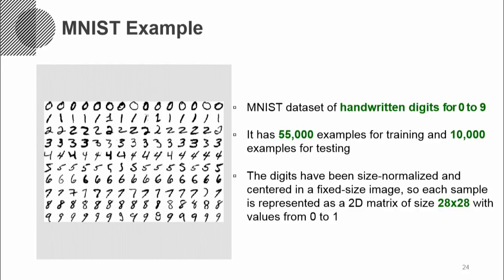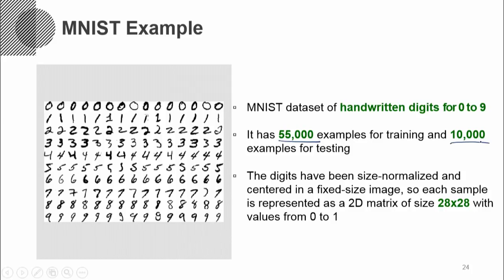And let me go through a real-world example of the dataset called the MNIST dataset. This dataset is composed of handwritten digits that correspond to the labels or digits 0 to 9. In total, it has 55,000 examples for training and also 10,000 examples for testing.